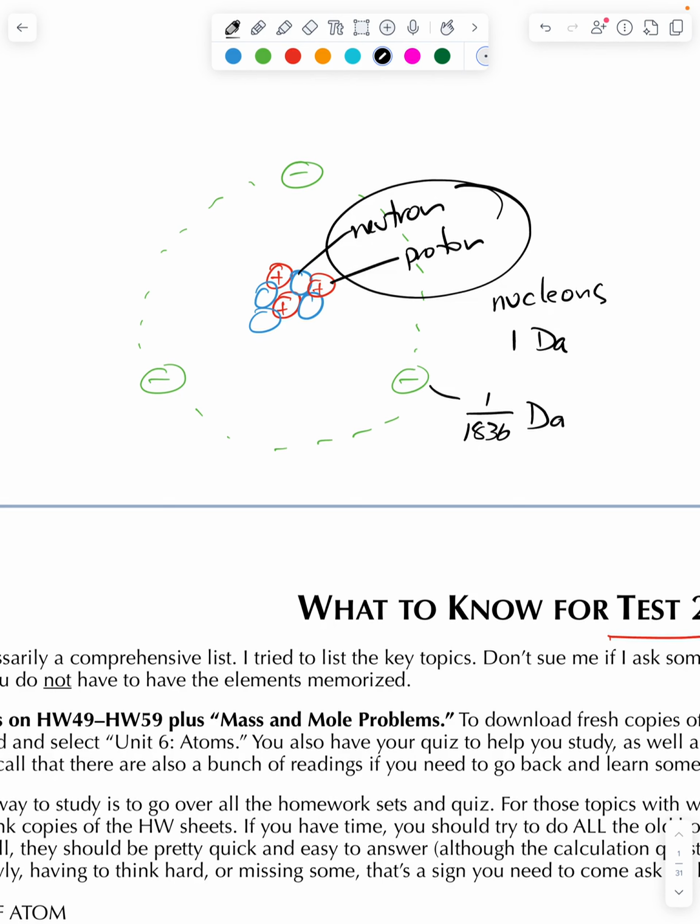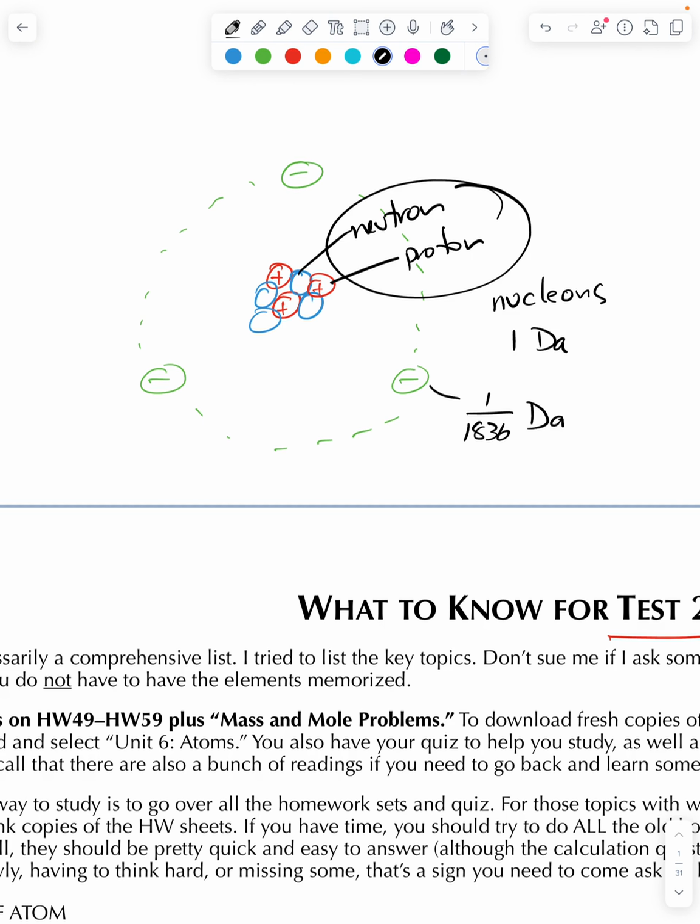So if we were totaling the mass of everything in this atom, you just ignore the electrons. How many nucleons does this atom have? 7, right? 4 neutrons, 3 protons. So what's the approximate mass of this nuclide, this atom here? It would be about 7 Daltons, right? So that's how you get the mass: you just figure out how many nucleons it has.